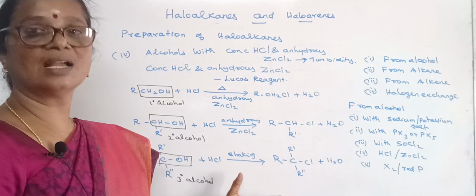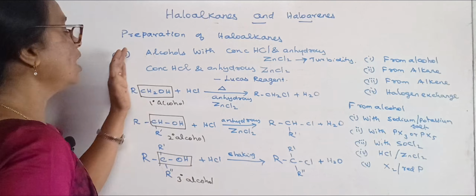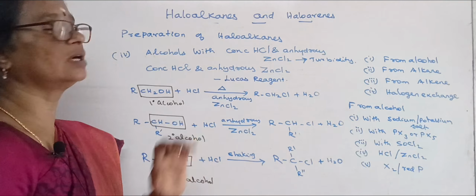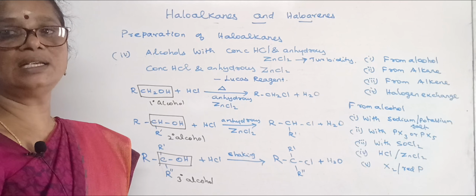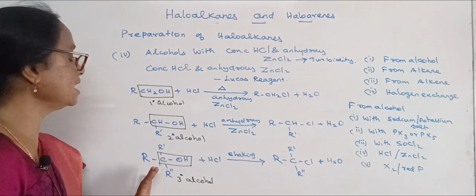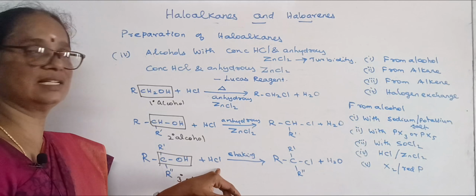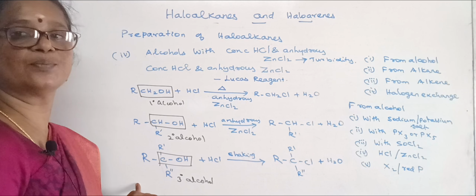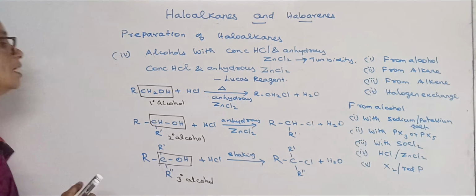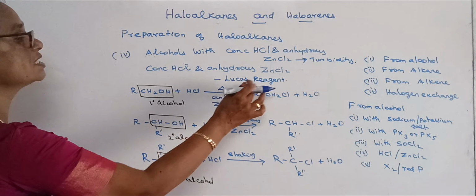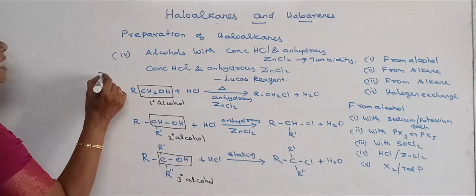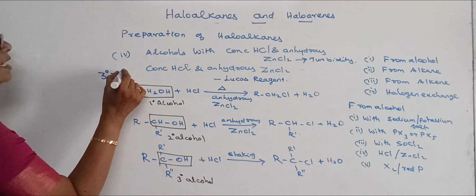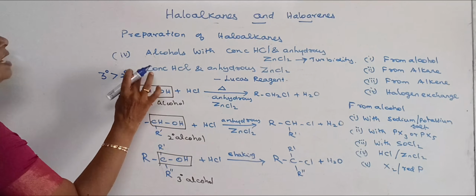That means the reactivity of alcohols towards Lucas reagent differs. When tertiary alcohol reacts with HCl simply by shaking, that means tertiary alcohols are more reactive. So the order of reactivity towards Lucas reagent is tertiary greater than secondary greater than primary.